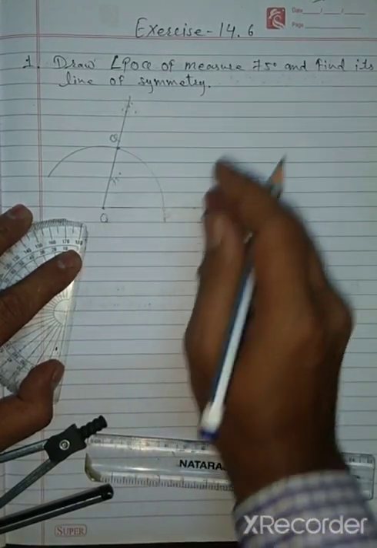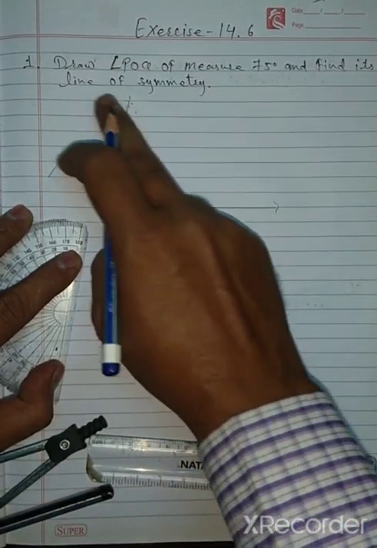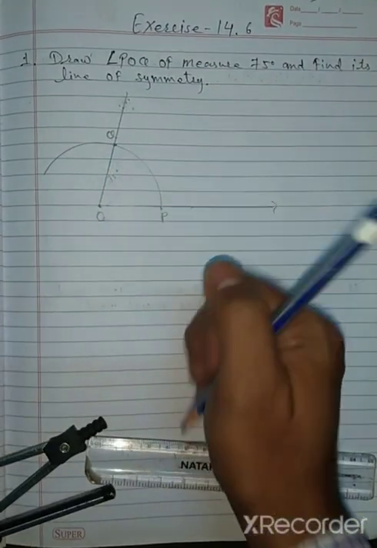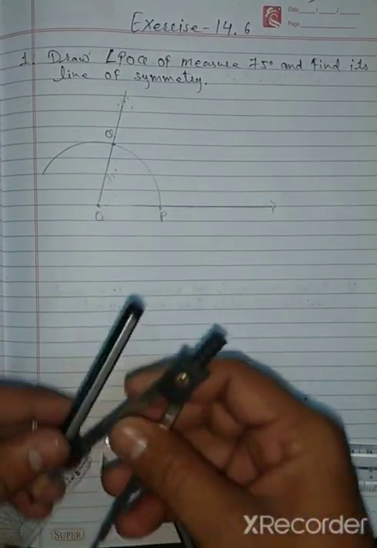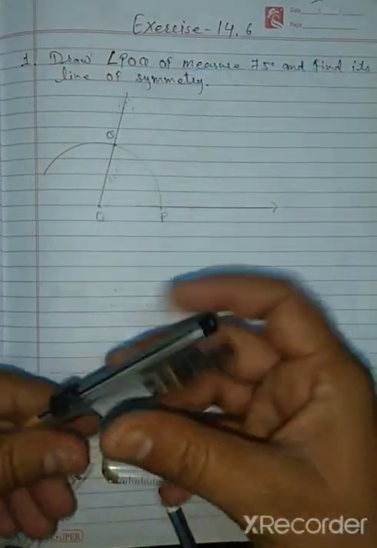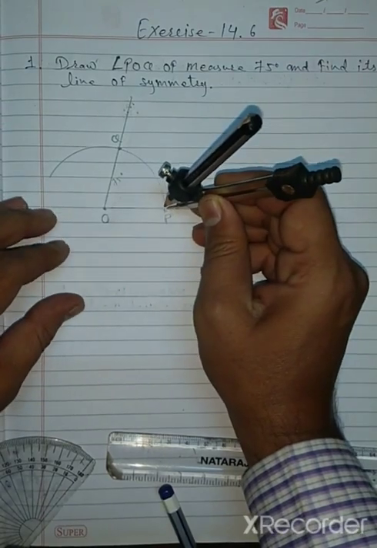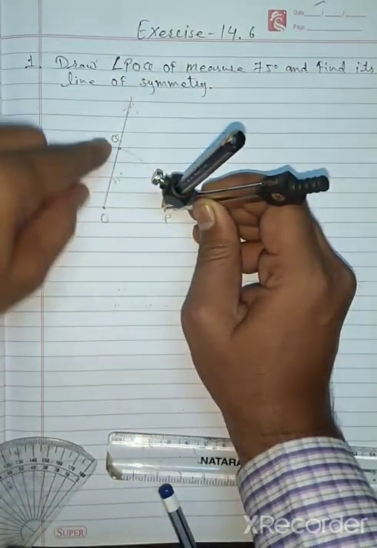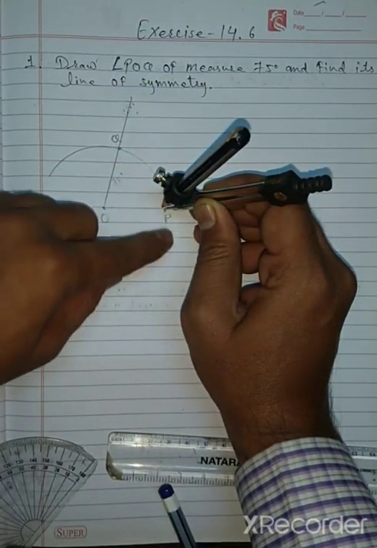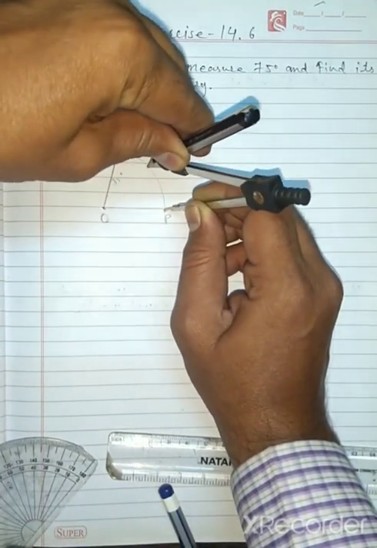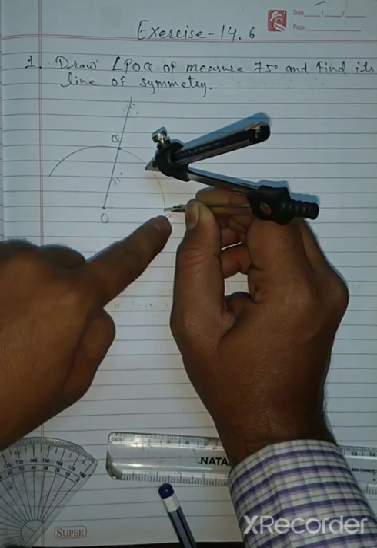To find the bisector, the line of symmetry, we have to find the bisector of 75 degrees. To find the bisector, we will use our compass. We will put the pointer on P. We have to find the bisector of PQ. We will put it on P and take more than half of PQ.